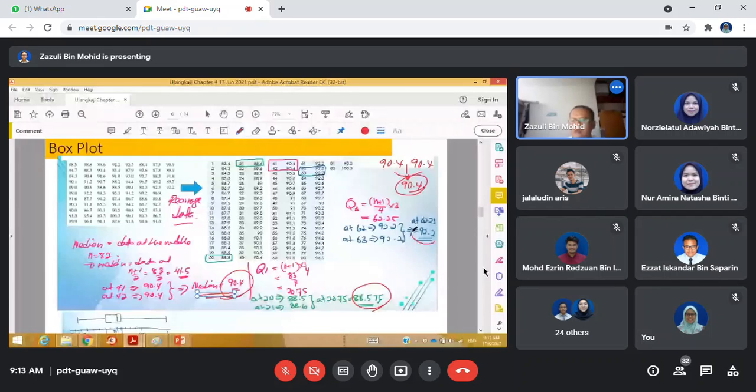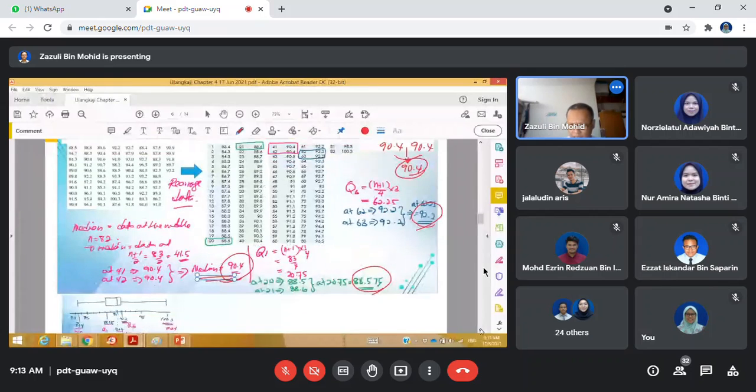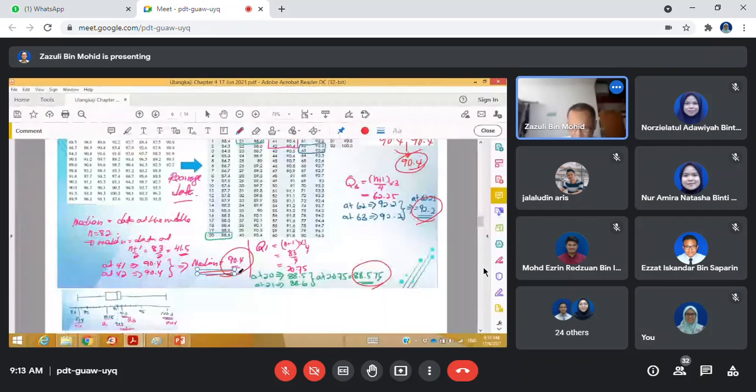Now we have one value here, one value here, one value here. Okay, that is our value. Three values, we already have the three values, and then we can plot it in a box.